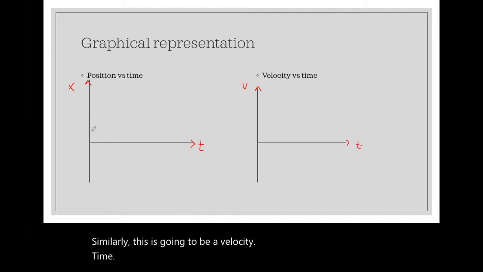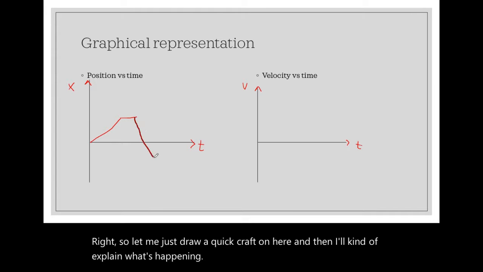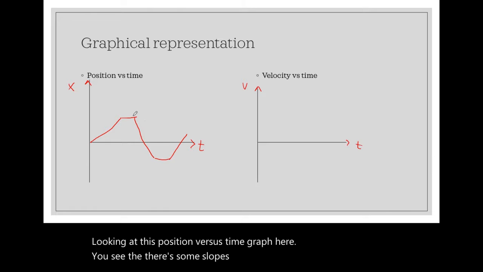Right, so let me just draw a quick graph on here, and then I'll explain what's happening. Okay, so looking at this position versus time graph here, you see there's some slopes, there's some flat parts, there's slopes that go down, there's some slopes that go up.